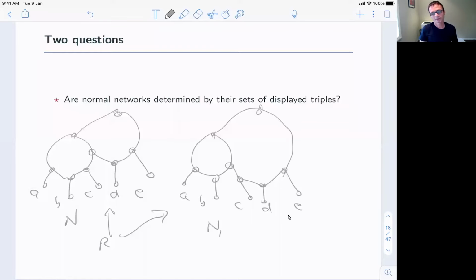So there's the two you've seen before. I'll give you a third one that's not level 1. That is a tree child network.